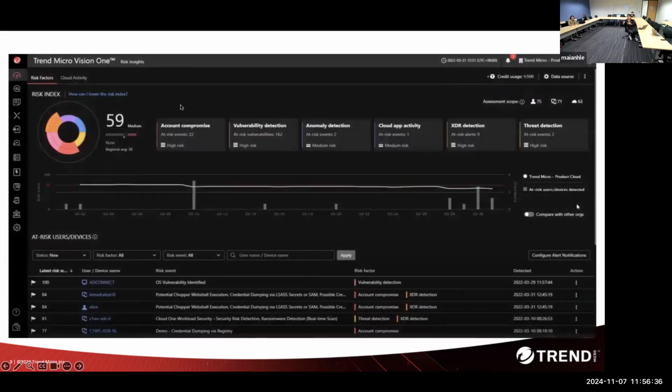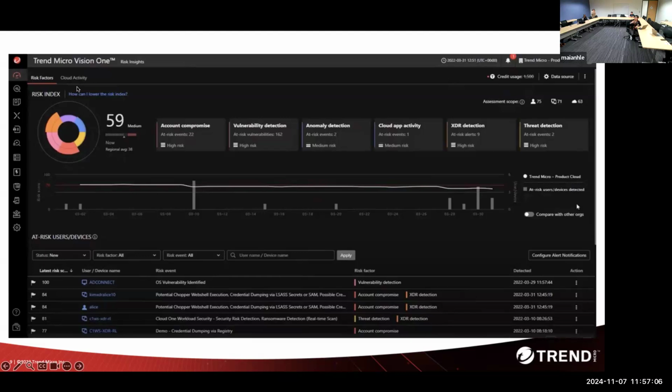Our clients enable telemetries and these generate events, and then that gets put into this ASRF, and then we calculate. So we can see that this user has a score of 100, and this user has a score of 84, and then this computer has a score of 81, and it all rolls up to eventually the whole organization has a risk of 59.